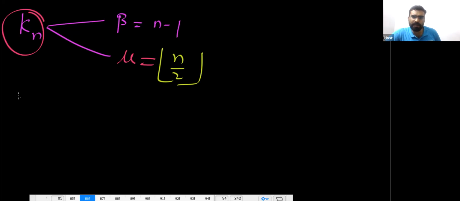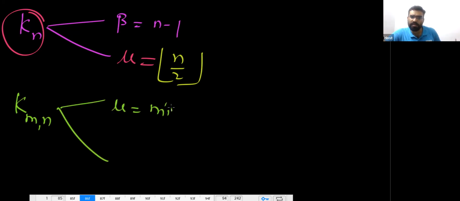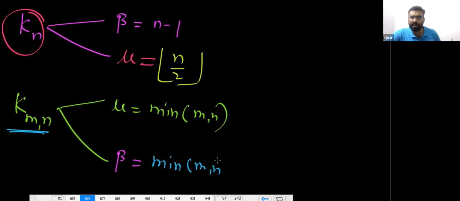And complete bipartite graph, K m,n. For this, we have already seen that μ is the minimum of m comma n. So tell me, what is β, the vertex cover? That will also be the minimum of m comma n.